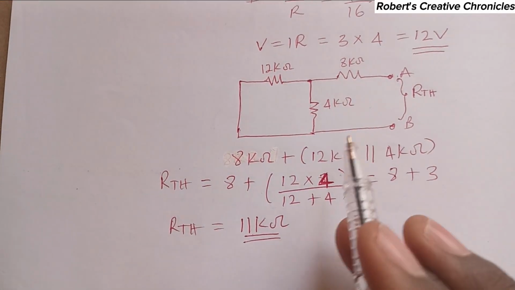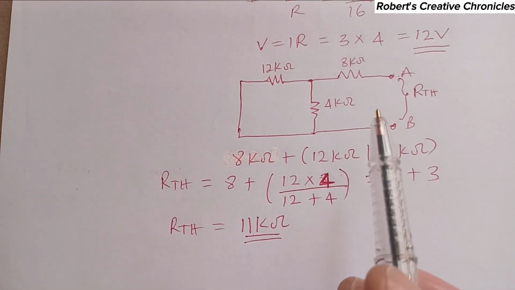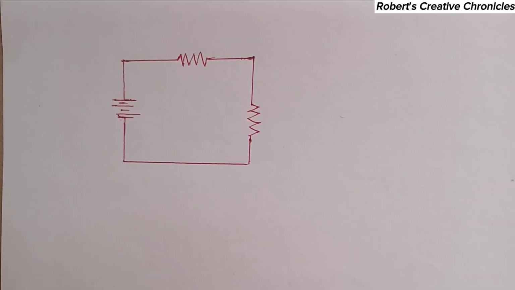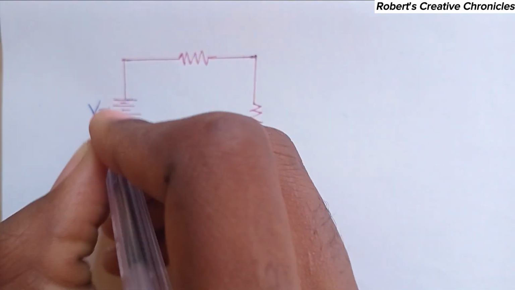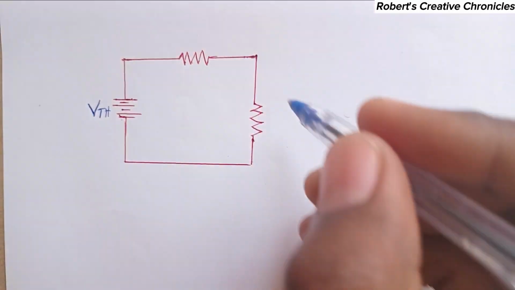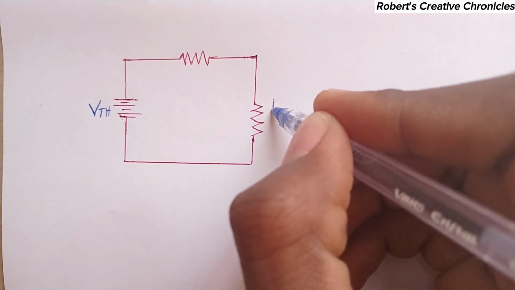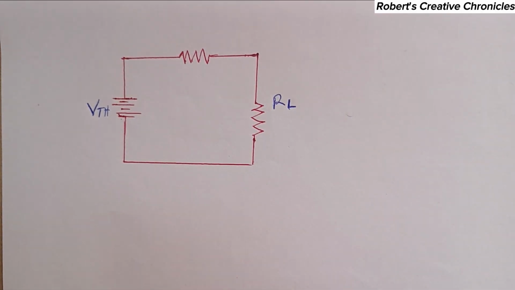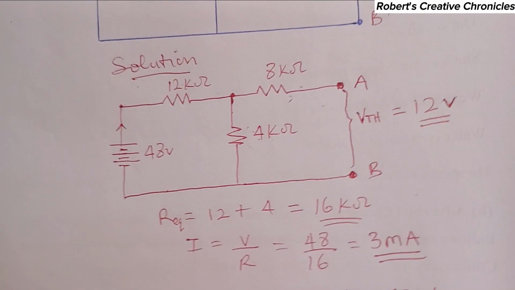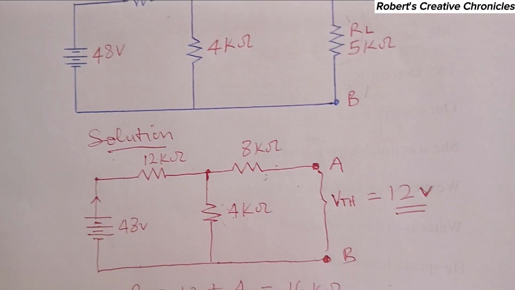So now we can redraw the circuit to get our Thevenin's equivalent circuit. So here is the Thevenin's equivalent circuit. Here is the load resistor, RL. From the equation, RL is 5 kilo ohms.